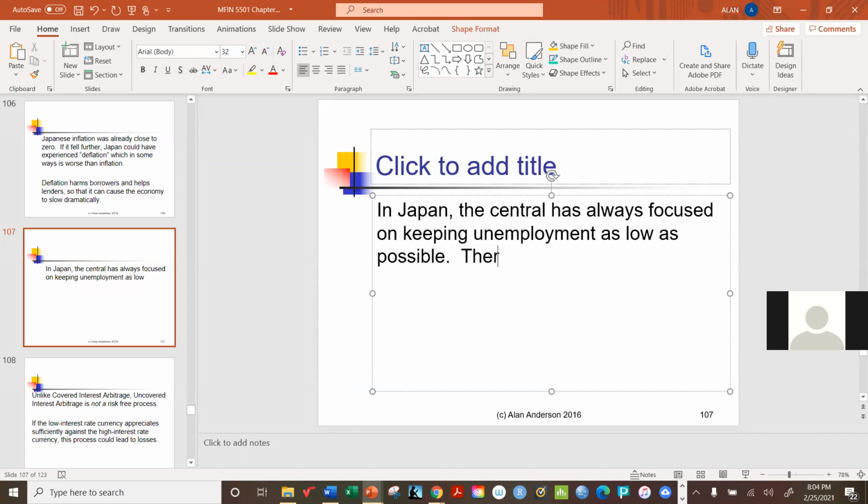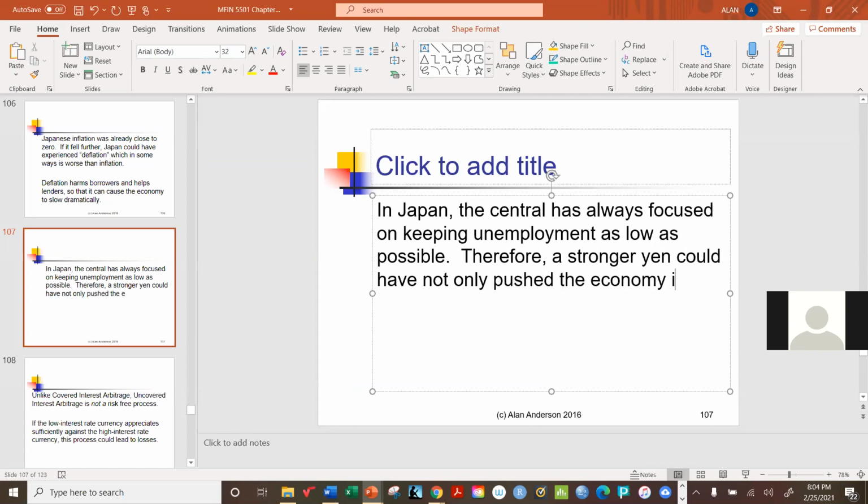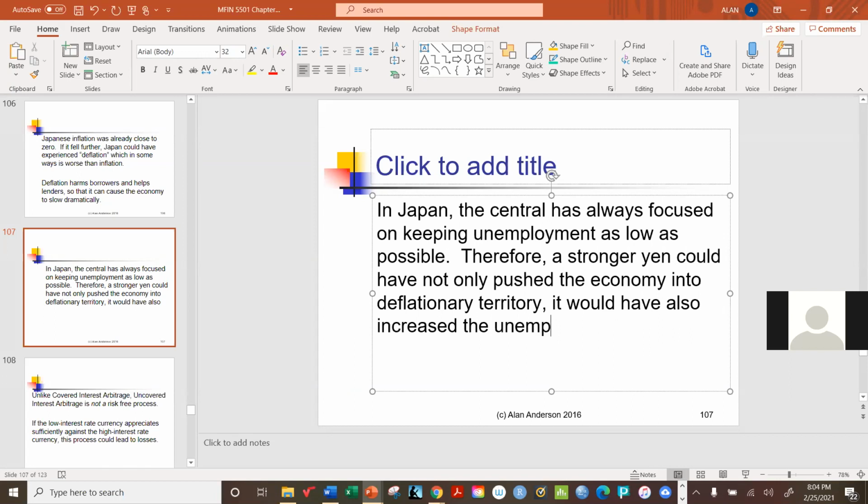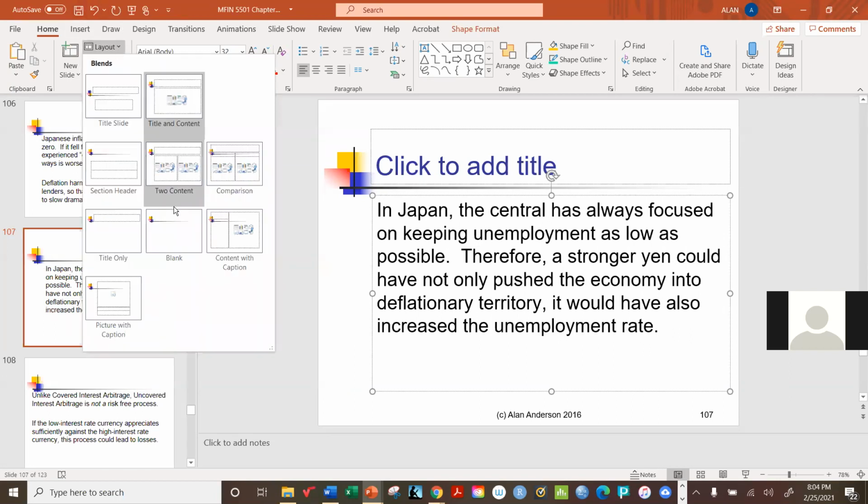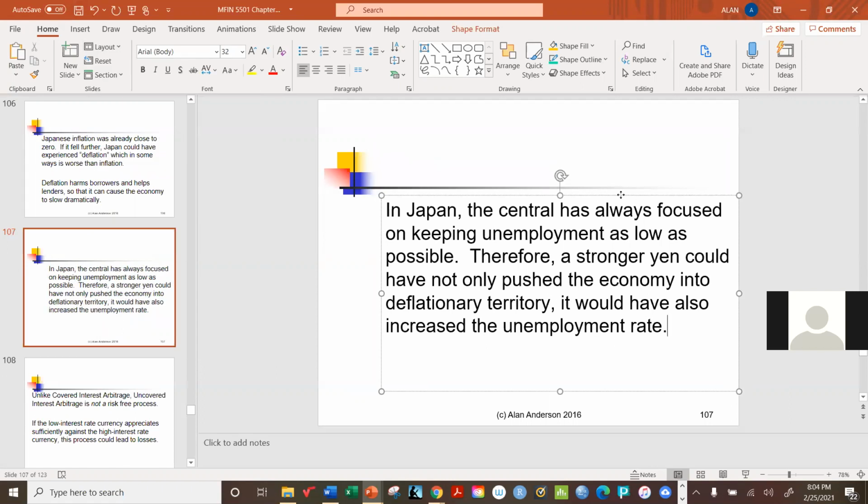Okay, so therefore, a stronger yen could have not only pushed the economy into deflationary territory, I should say, it could have also increased the unemployment rate. So this is something they don't want. In other words, as far as they're concerned, a stronger yen is a problem.